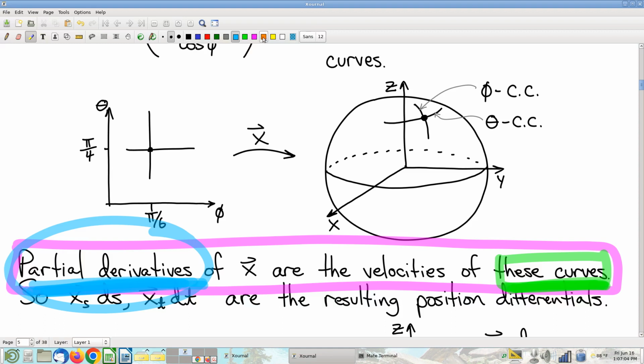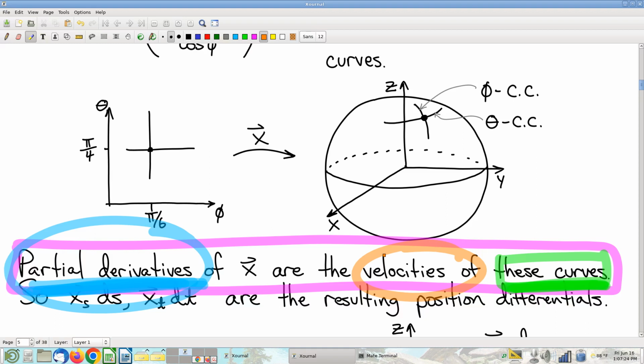So taking the derivative of the now only variable for that parametric curve, for this coordinate curve, and taking a derivative with respect to the only variable gives you velocity. Right? So it's just a matter of terminology, really.